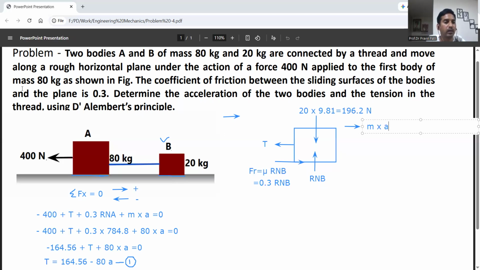Again, you have to apply the first equation, that is summation Fy is equal to 0, on vertical forces. If the direction of force is upward, you have to take it as positive.